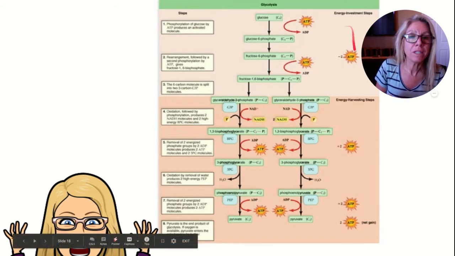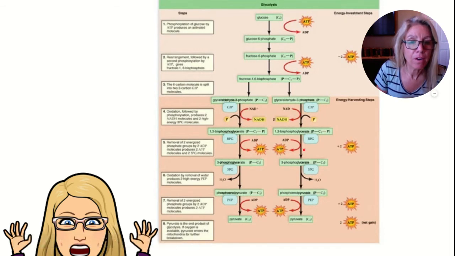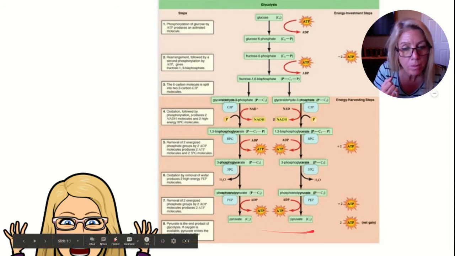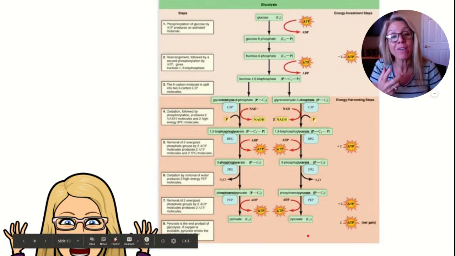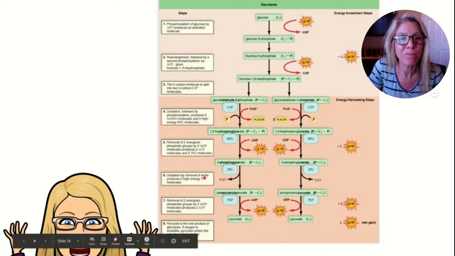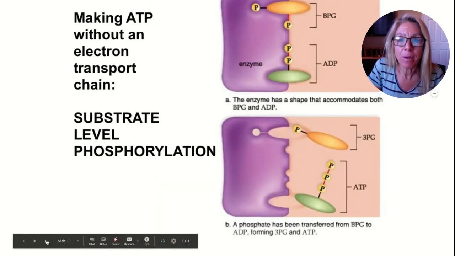So you spent 2 up here, you got 4 out, so you netted 2, and you walked away with 2 reduced NADs. We also walk away with 2 pyruvates, where if we have oxygen, we're going to move on into the mitochondria, right? Because we want to make even more NADs if we can, so we can go to the bank of the ETC.